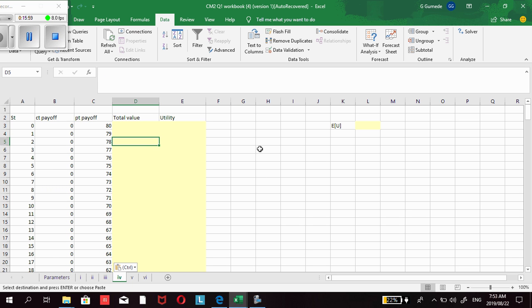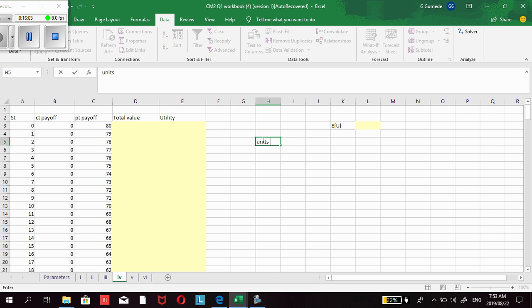Now I'm going to put units here. You will see now why I'm doing that. Remember, my portfolio has got stock. It has got the put option. Oh gosh, that's the wrong spelling. And it has got a call option.